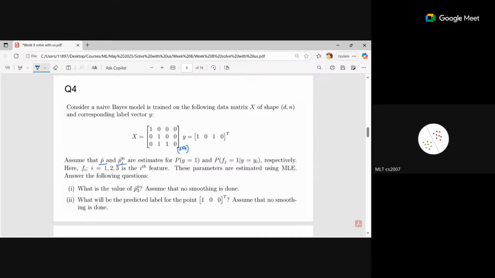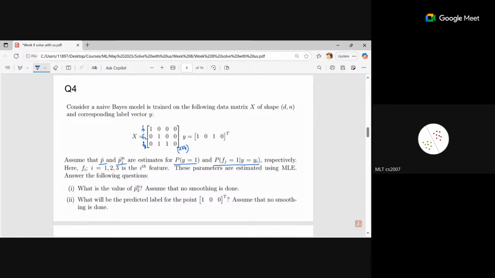P hat is the estimate for probability Y is equal to 1, and Pj Yi hat is the estimate for probability that Fj is equal to 1 given Y is equal to Yi. So you have three features with you, F1, F2, and F3, right? This is my F1, this is my F2, and this is my F3.